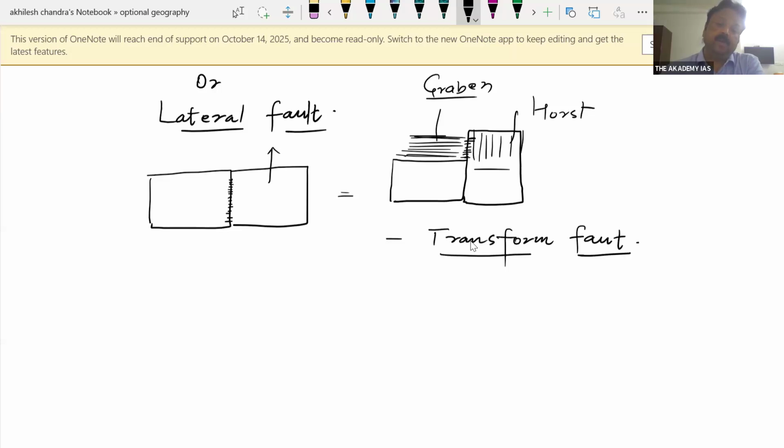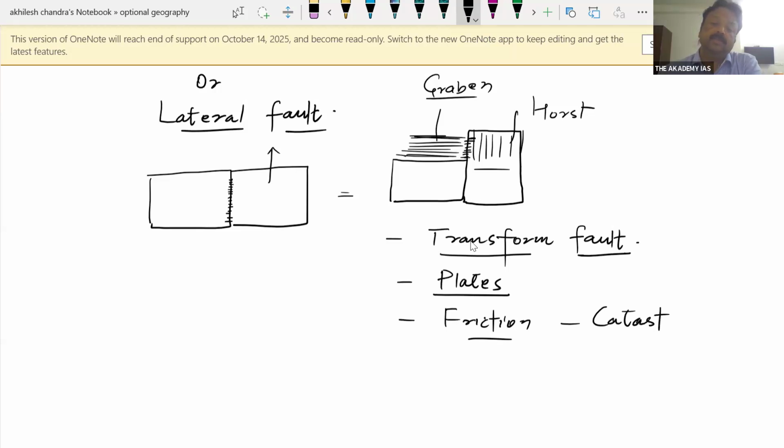Basically, transform faults occur in between plates also. So plates also have such transform faults. Along a transform fault, we happen to have a lot of friction. And due to friction, catastrophic earthquakes can be seen. Catastrophic earthquake.